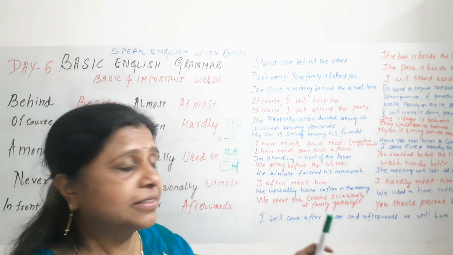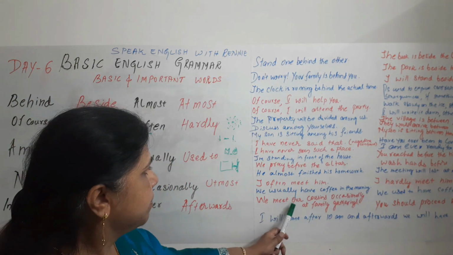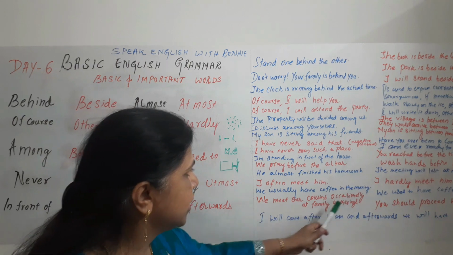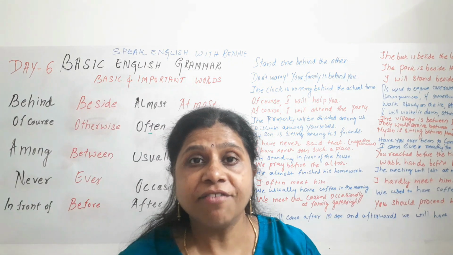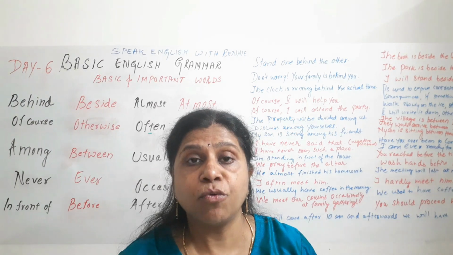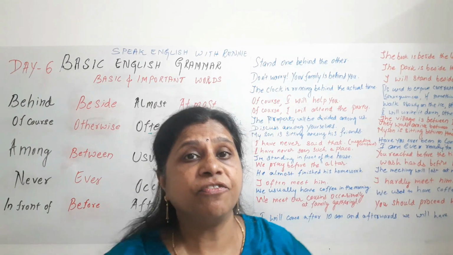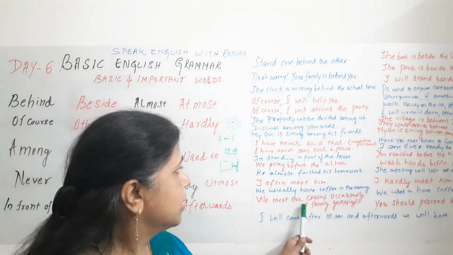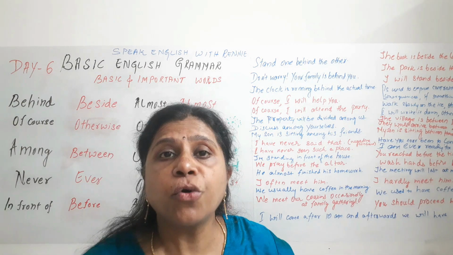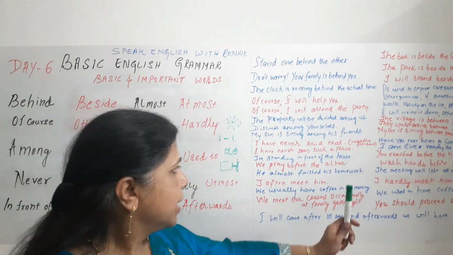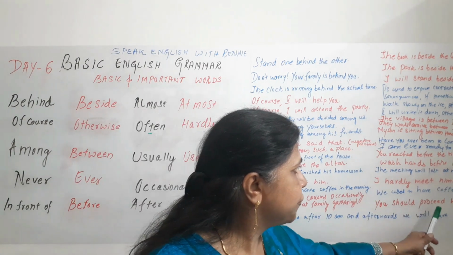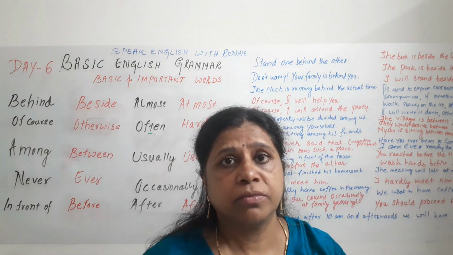Let us see the sentence. We meet our cousins occasionally at family gatherings. That means whenever a family gathering is there, only at that time we meet our cousins. That is occasionally, not regularly. Right? And you should proceed with utmost caution.